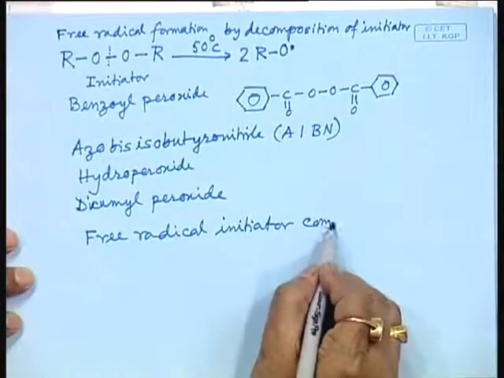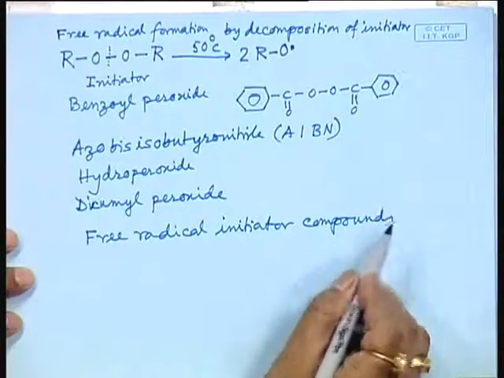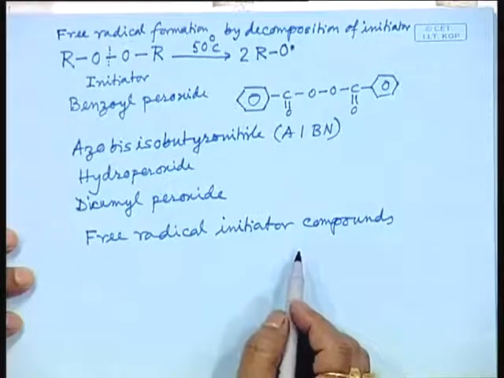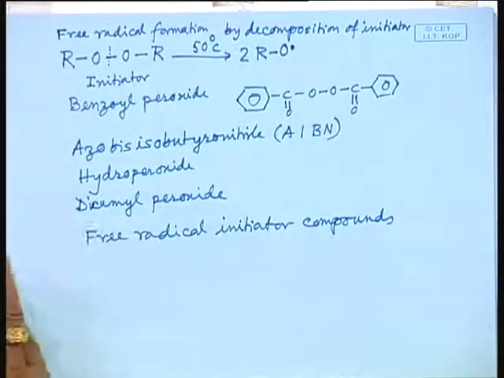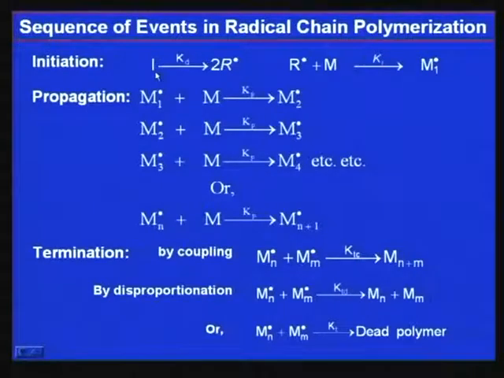initiator compounds or molecules. Now, this initiator molecule, if that is designated by this I, that decomposes thermally. So, temperature might be 50 degree, 60 degree, 70 degree, 75 degree, 80 degree. Their decomposition temperatures are different for these compounds and they have certain half lives. Okay.